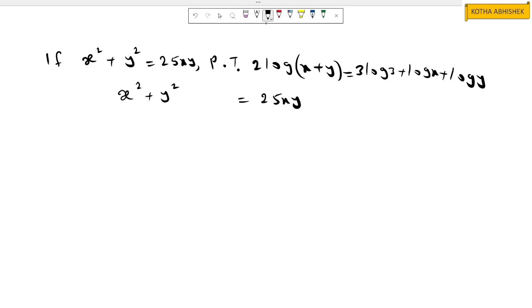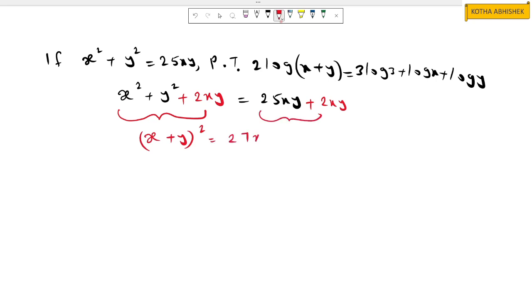From the logic we got to know that we want 27xy, but here only 25 is there, so I want 2 more. That's why on both sides I am adding 2xy. On the left side, x square plus y square plus 2xy is the formula of x plus y whole square, which equals 25xy plus 2xy, that is 27xy.